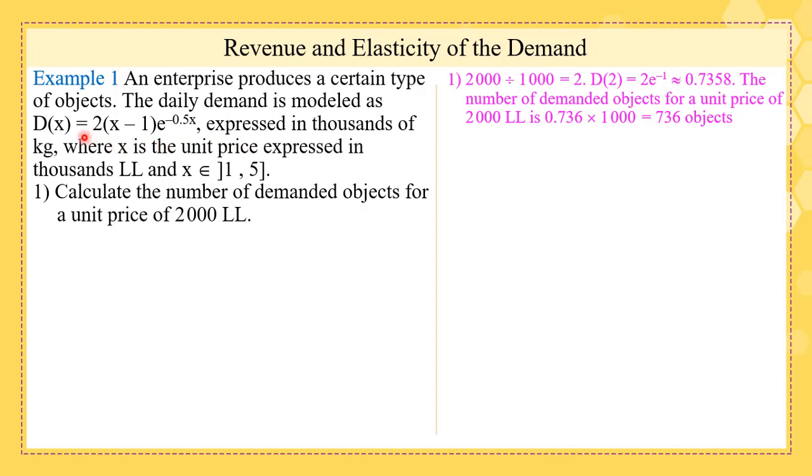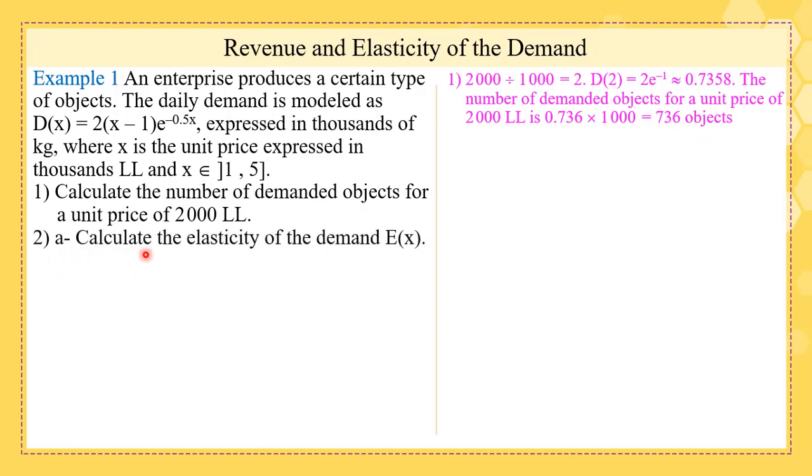Then we replace x by 2 in the demand function D of x, and we get D of 2 equals 2e to the power minus 1, which is approximately equal to 0.7358. Thus, the number of demanded objects for a unit price of 2000 Lebanese Lira is 0.736 times 1000. So we get 736 objects.